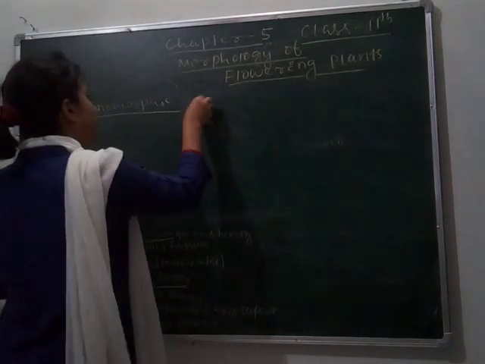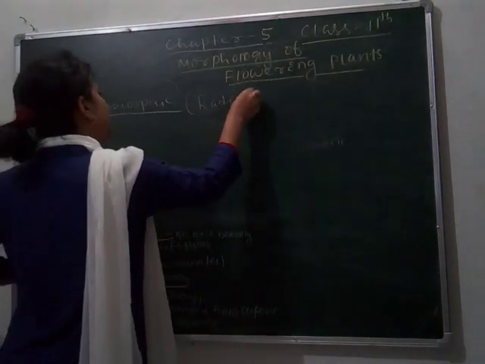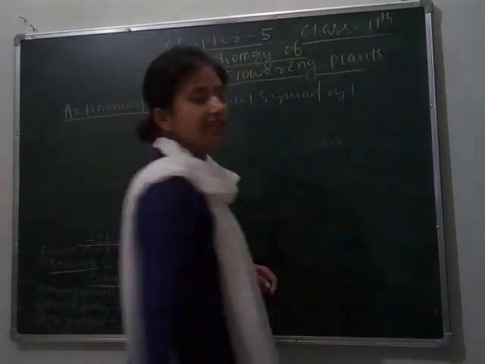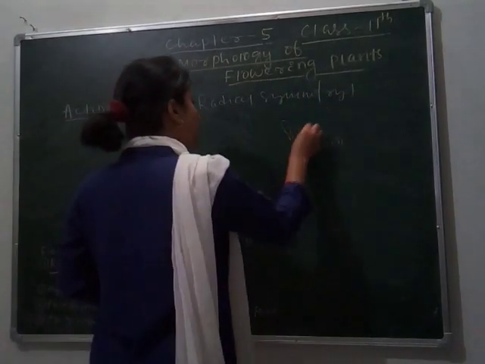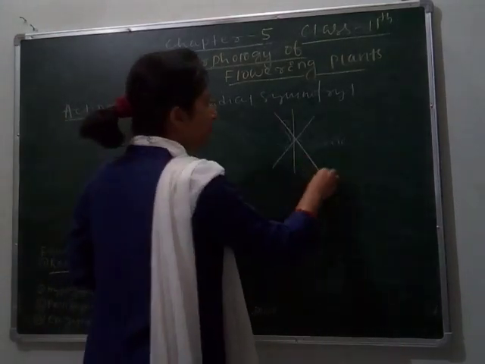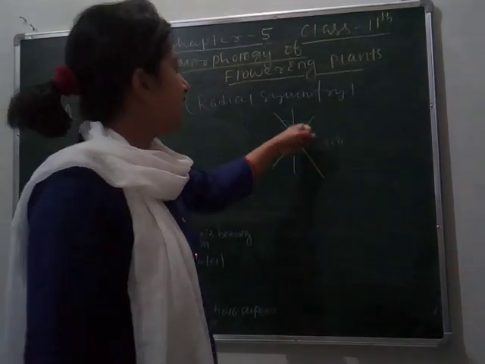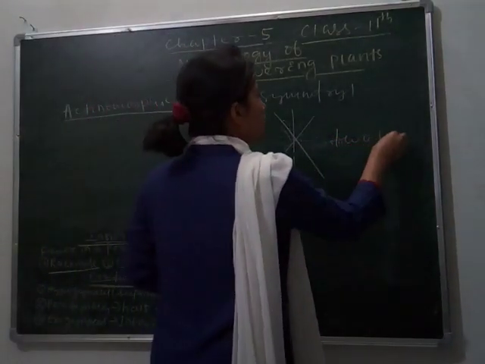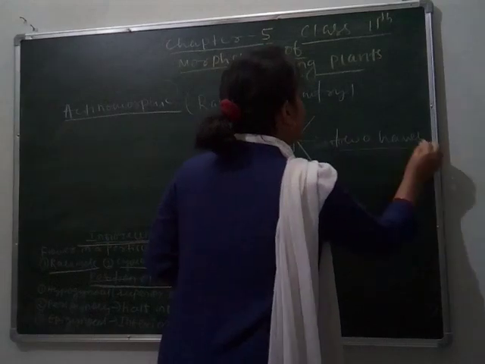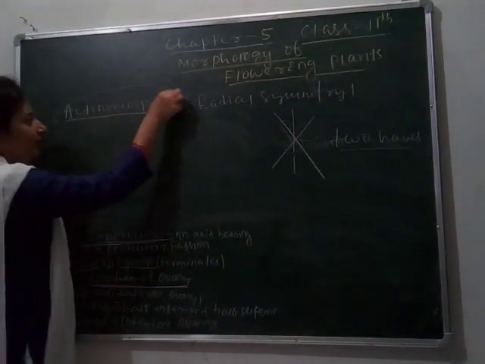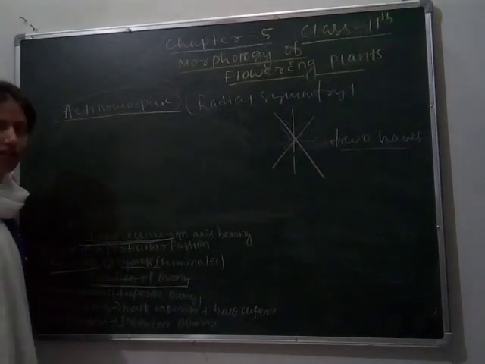Actinomorphic, or we can say radial symmetry, means when we cut the flower through the central axis and from any plane, it gives two equal halves. So this type of division is called actinomorphic.